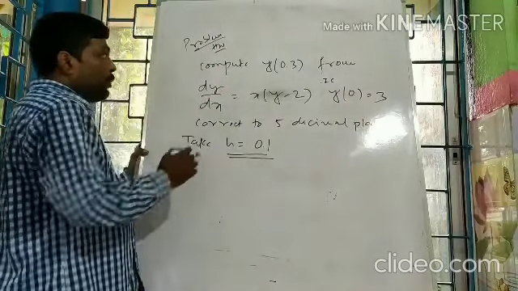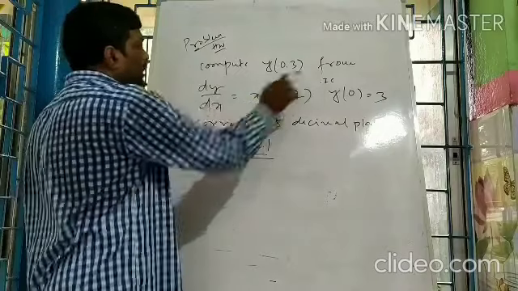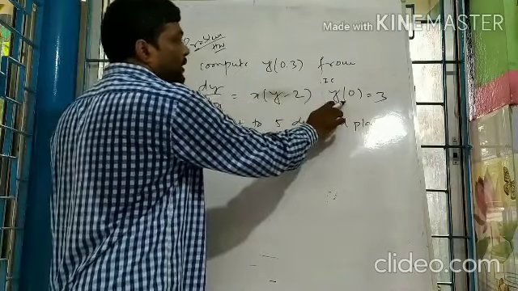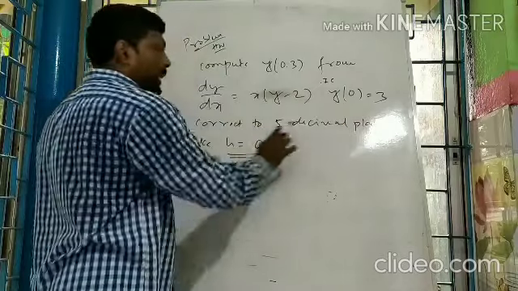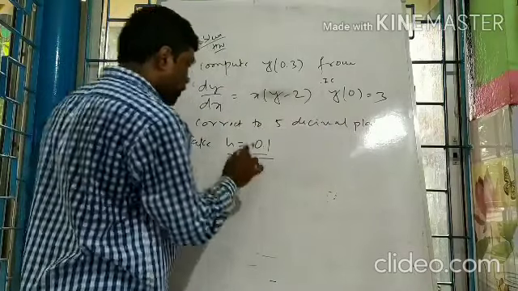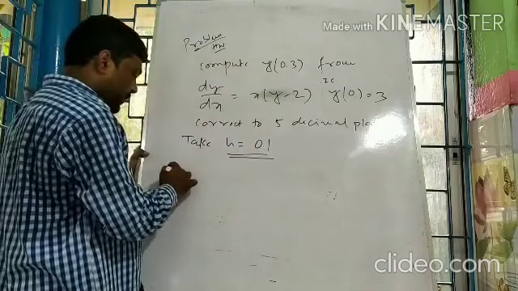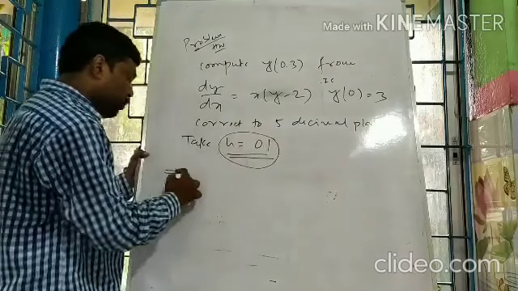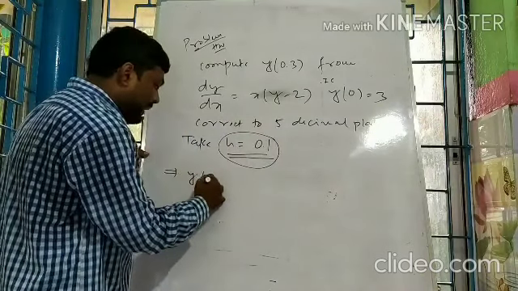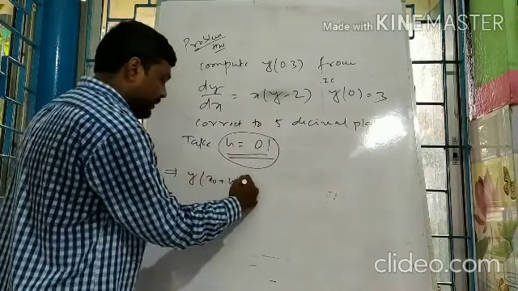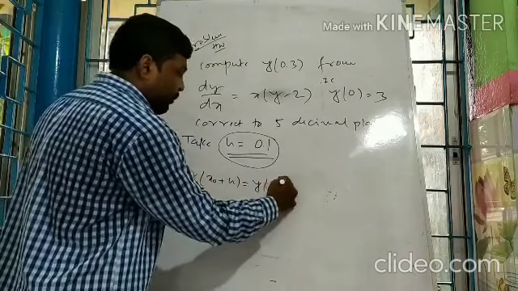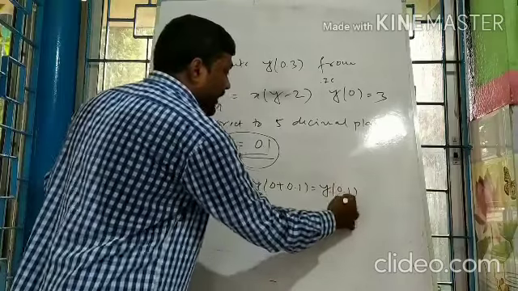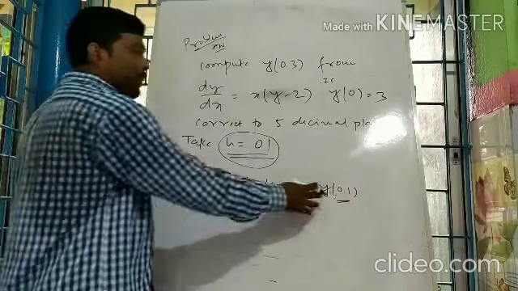For this problem h is given. So first we have to calculate y(x0 plus h), that is y(0 plus 0.1), so first calculate y(0.1).